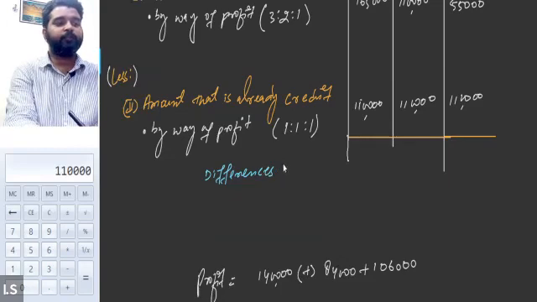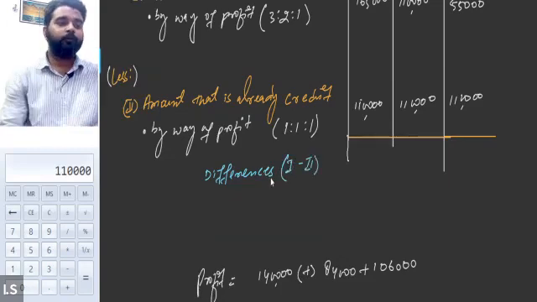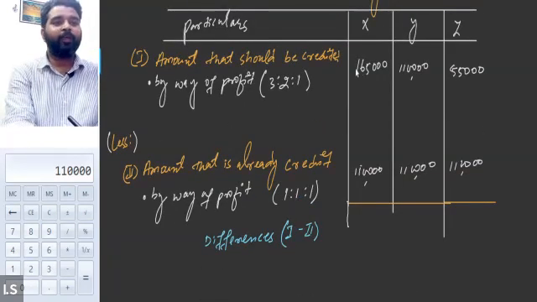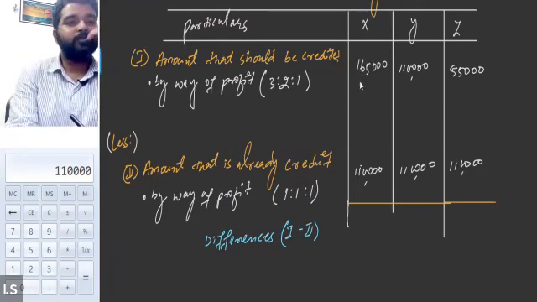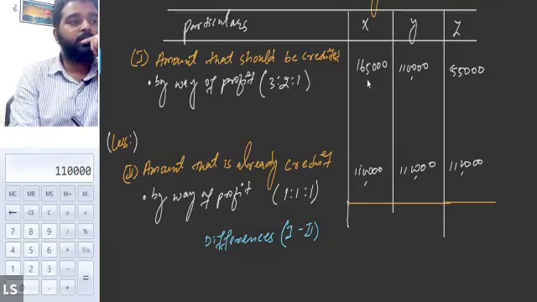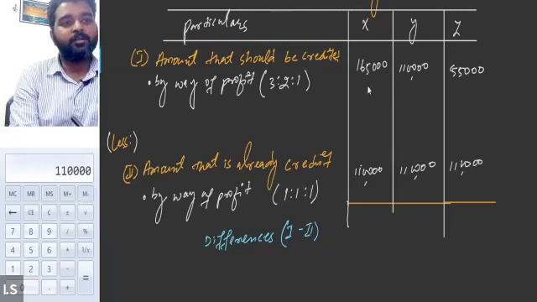For finding out the difference, we subtract the second component from the first component. Now try to understand how much profit X should have got if the profit was divided as per their profit sharing ratio.